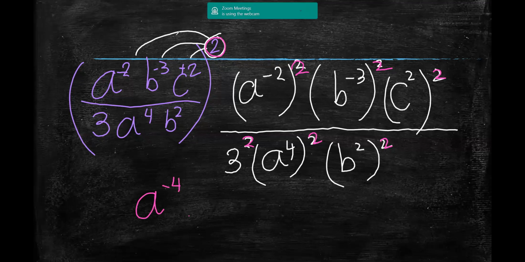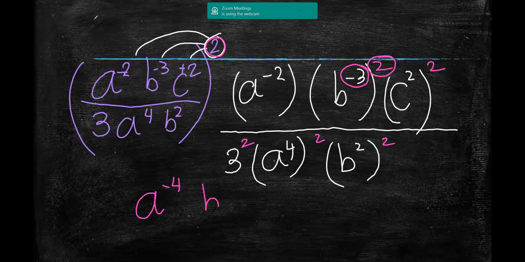Then negative 3 and 2: I will also multiply them, because they are an exponent raised to an exponent.